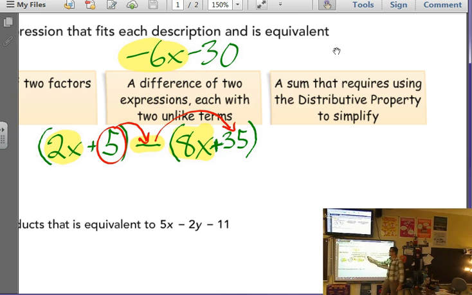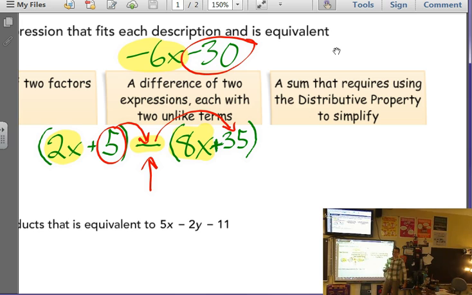And 5 minus 35 gets me my negative 30. Any questions on how this works? This minus applies to both of the terms in the parentheses after it.